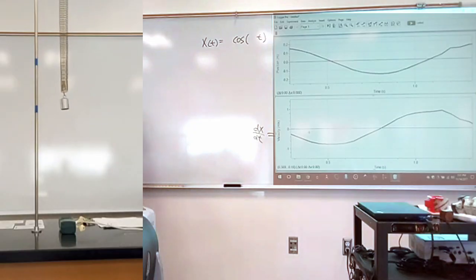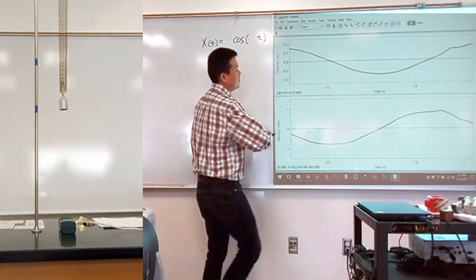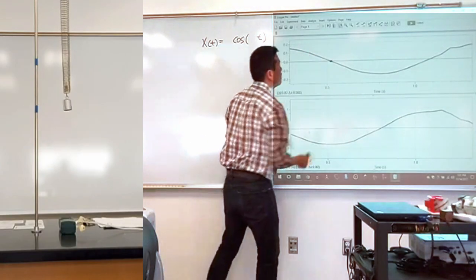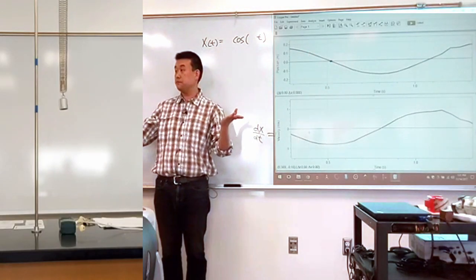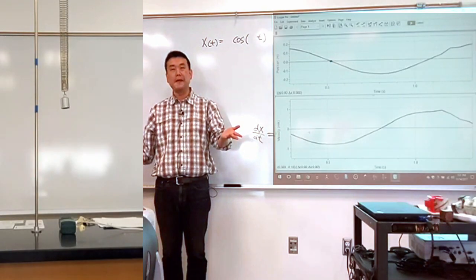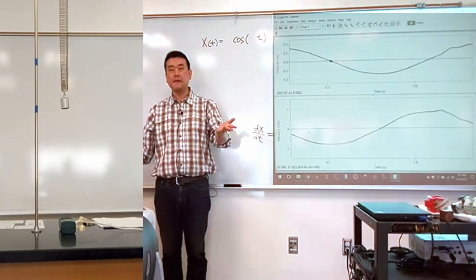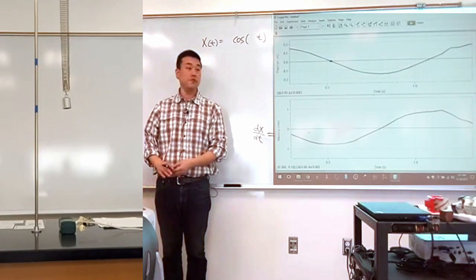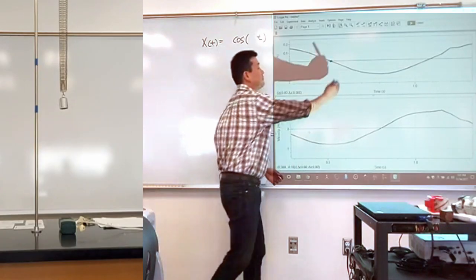What can you say about the velocity at the equilibrium position? So when the mass is at the equilibrium position, what kind of description could you give to the velocity at this same time?